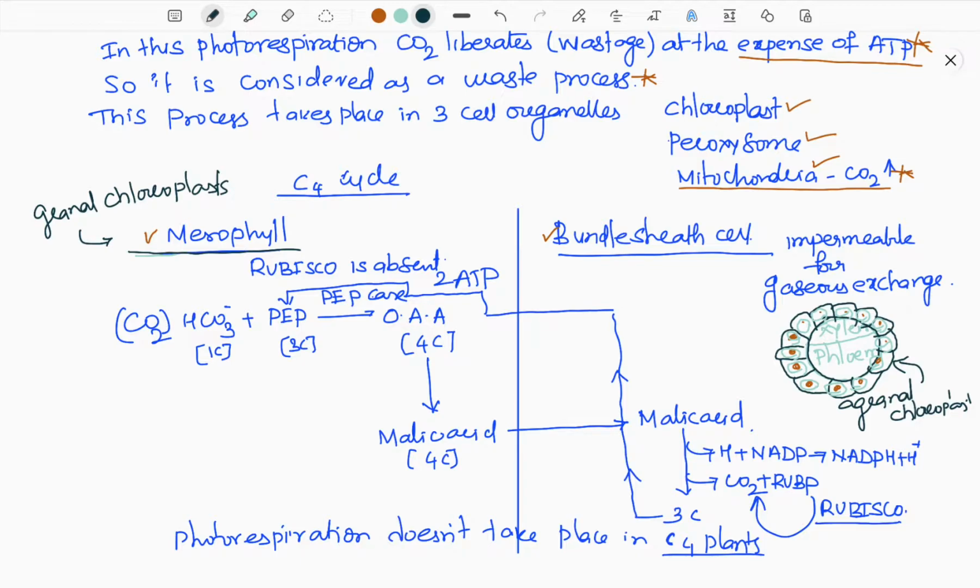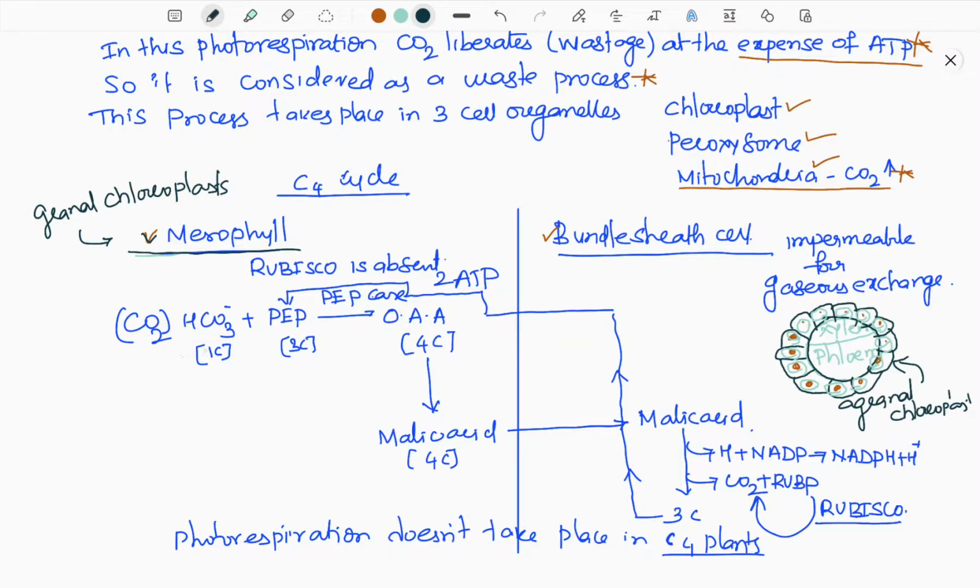So, we find here chloroplast dimorphism, that is, two types of chloroplasts are found in these plants. See here, carboxylation takes place twice, primary in mesophyll cell and secondary in bundle sheath cells.